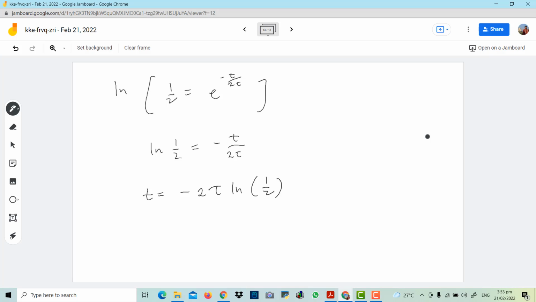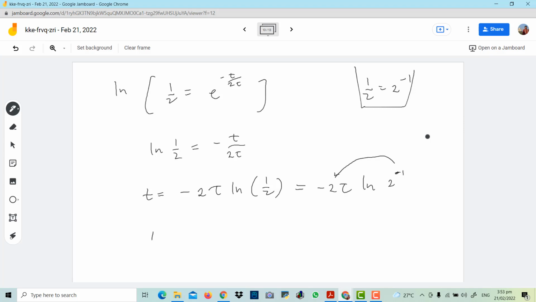Okay? And using the definition of ln, minus 2 tau. Take note, 1/2 can be written as 2 to the minus 1. You can express 1/2 as 2 to the minus 1. They are equal. So by the property of ln, if I have an exponent, then you can bring down the exponent here.